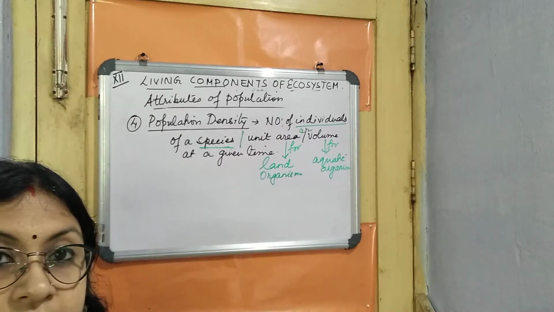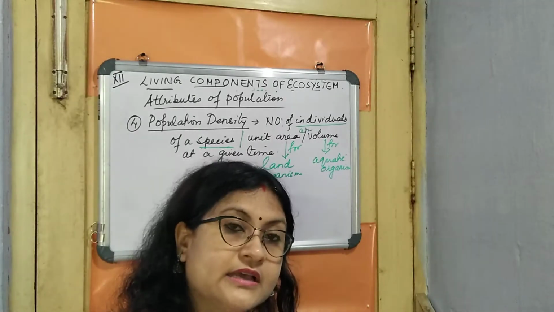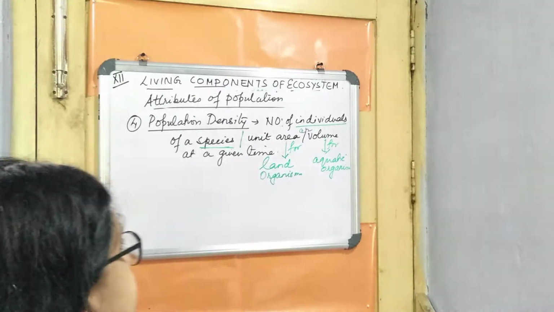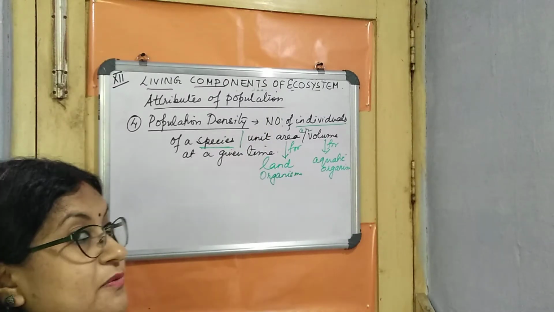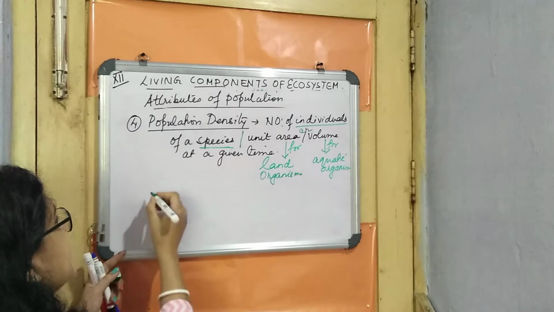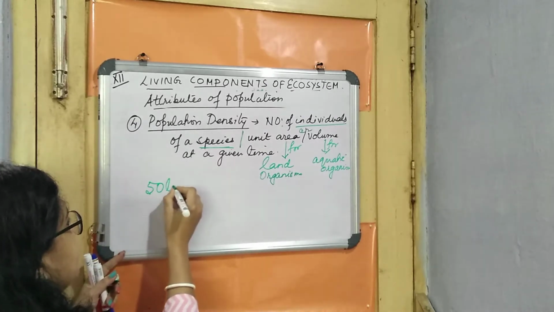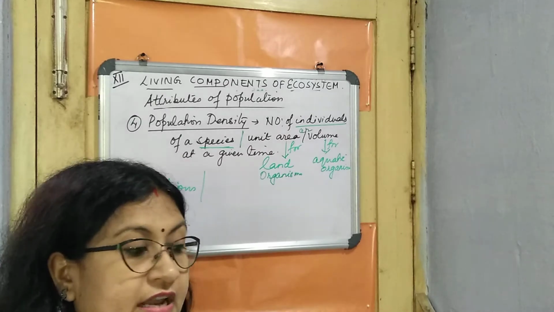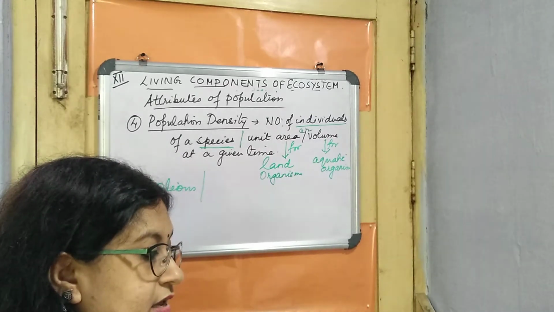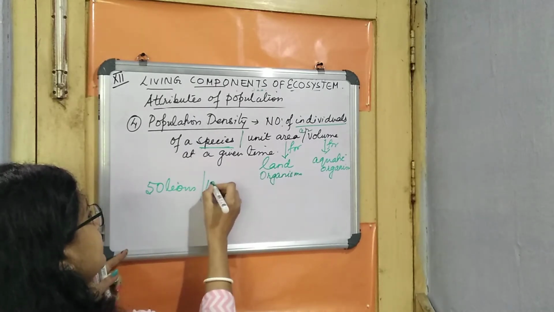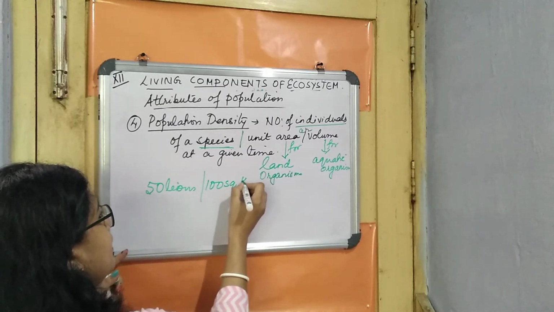This can also be expanded and written as the population density definition. Why we say area or volume, I will explain now with examples. Let us take the example of 50 lions present in a particular area, say 100 square kilometers.